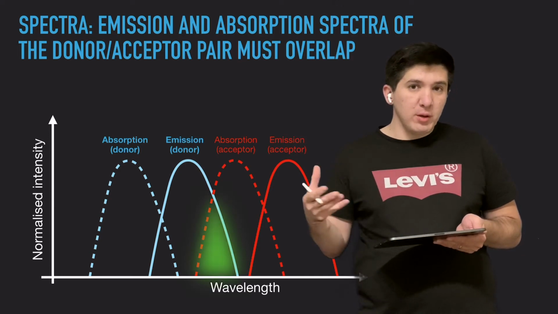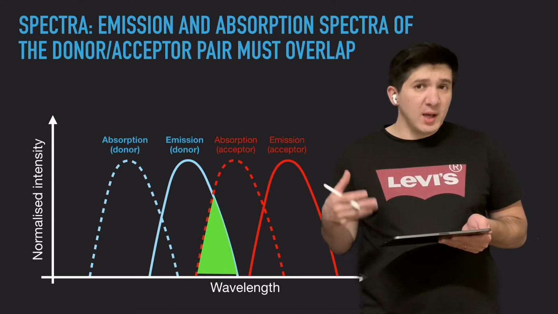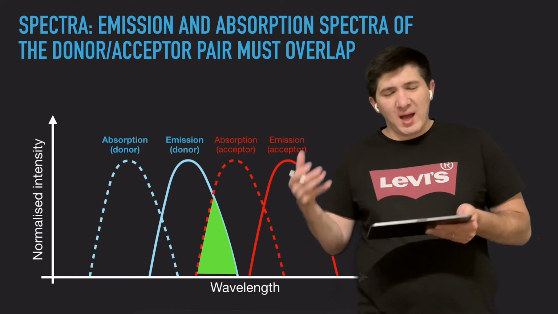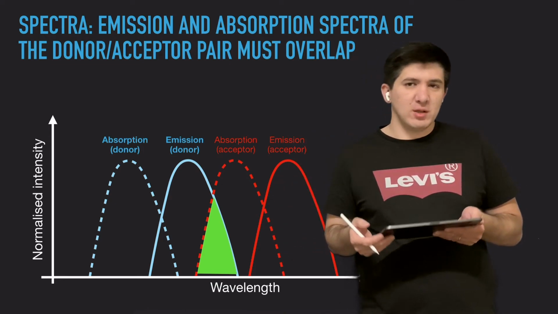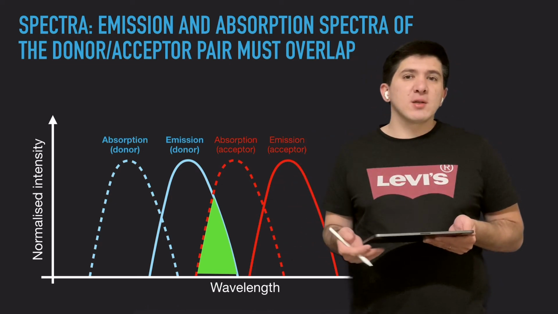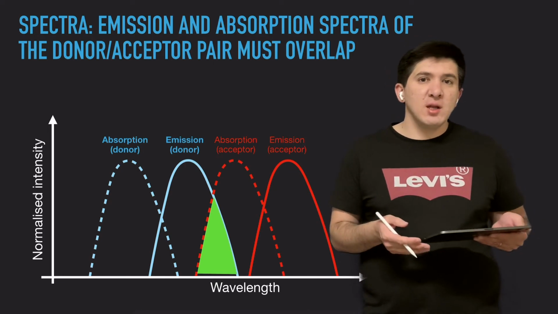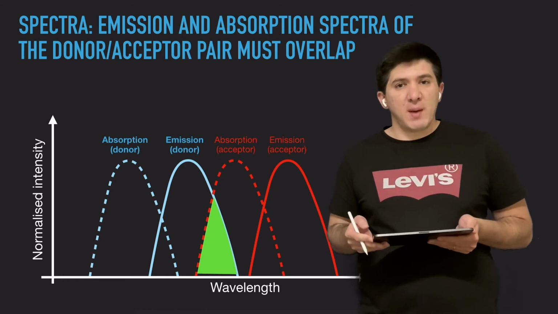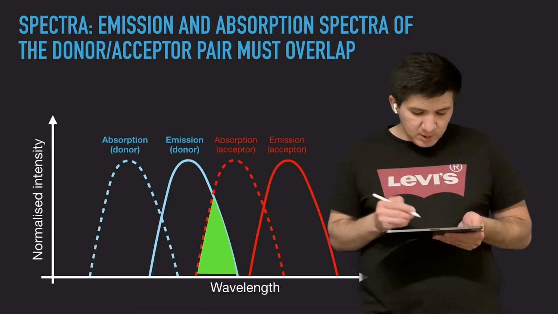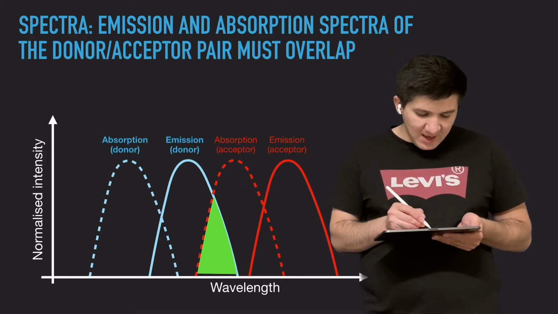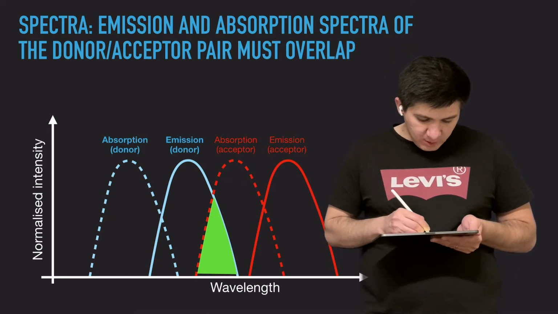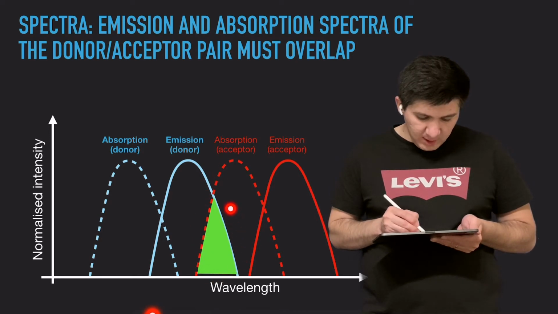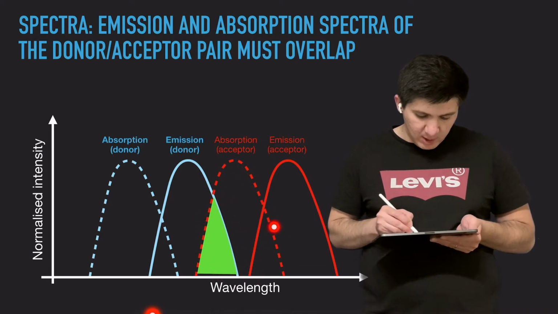Let's say here I drew in blue the excitation and emission ranges of the donor, and the red line represents the excitation and emission spectra of an acceptor. You see, the acceptor is going to be excited only in this range.